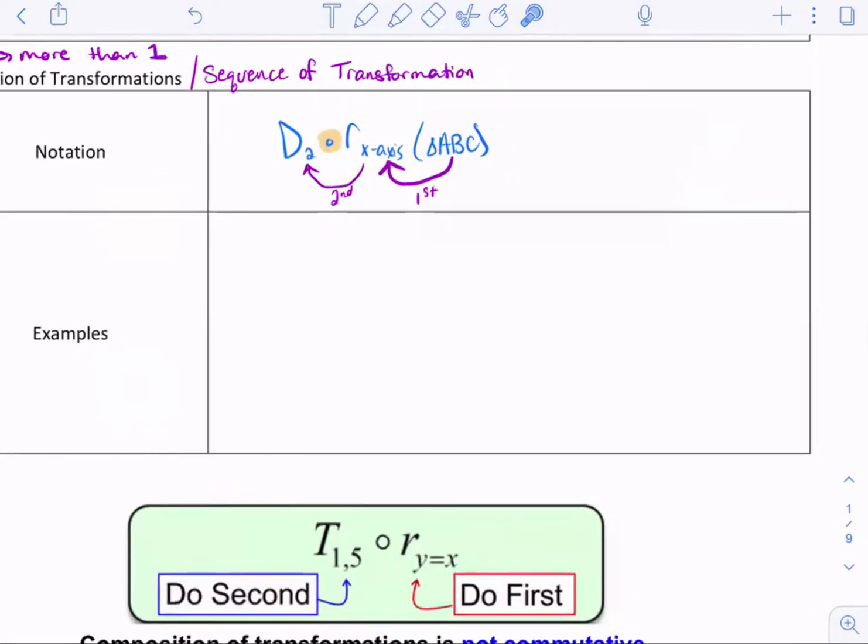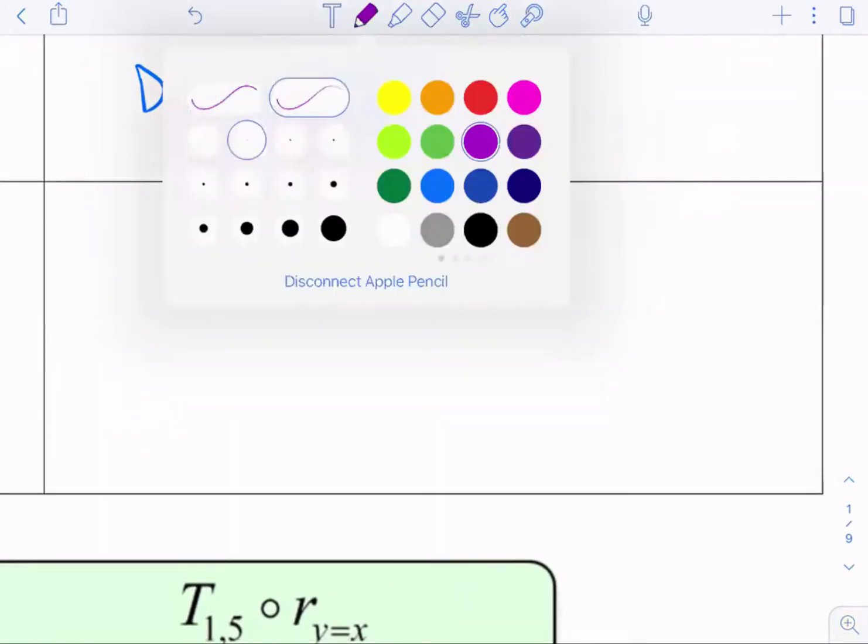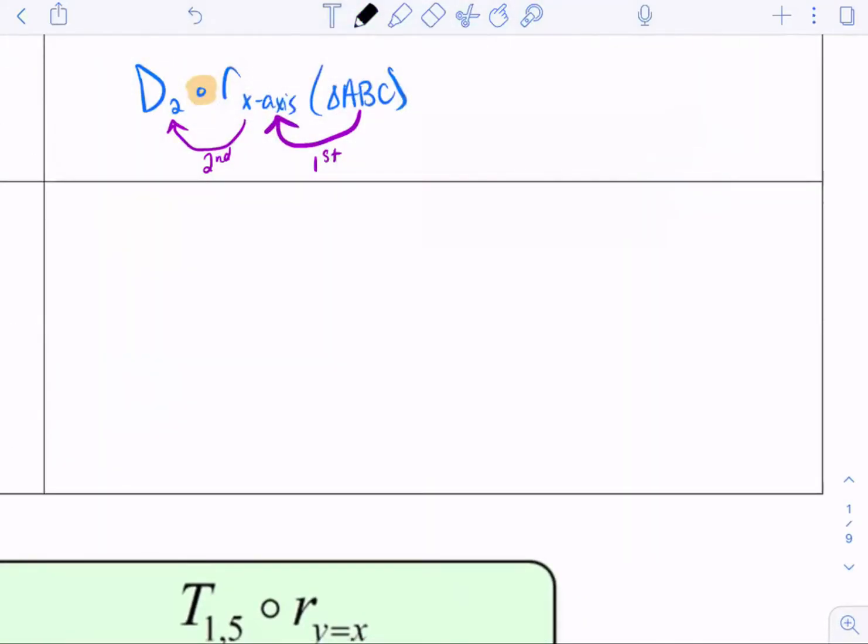So for example, I might say, and here I'll write it with the notation, let us do exactly what this says. Let us translate -2, 3 and reflect over line L for triangle ABC. Let's see.